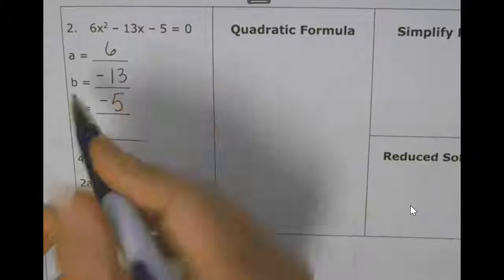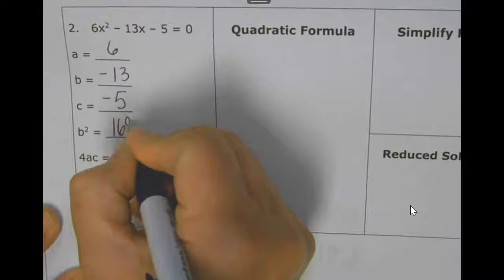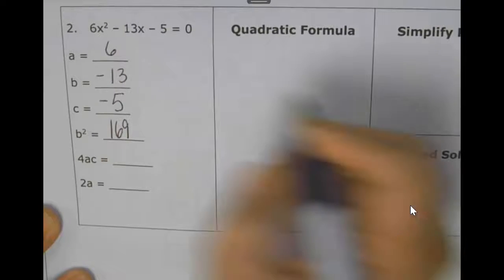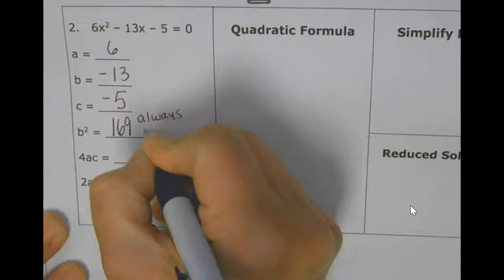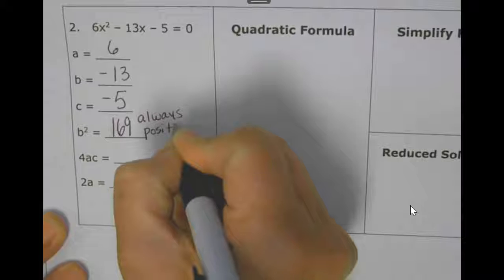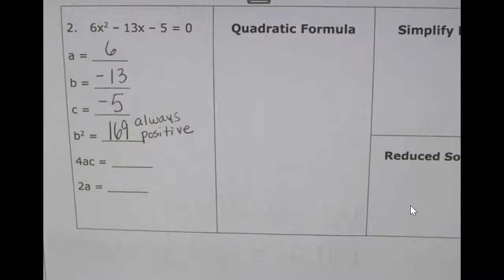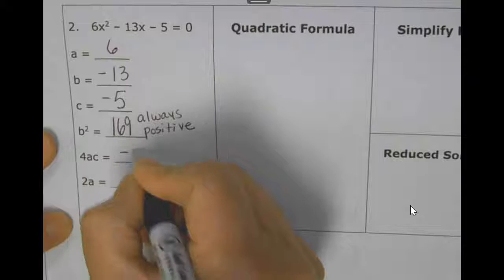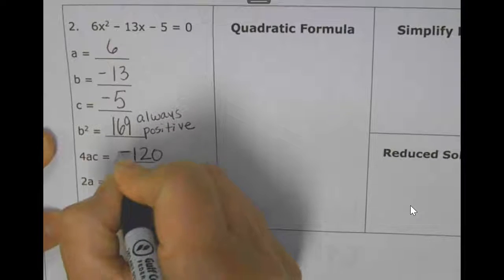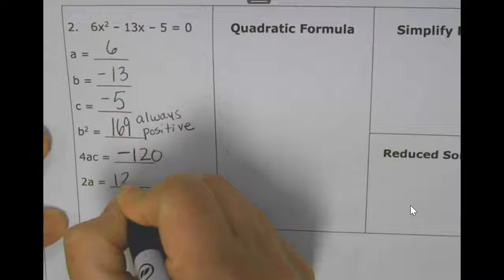So I want you to write this on your paper. This number is 169, and the b squared will always be a positive number. The b squared is always going to be a positive number. The 4ac is going to be negative 120, and 2a is going to be 12.